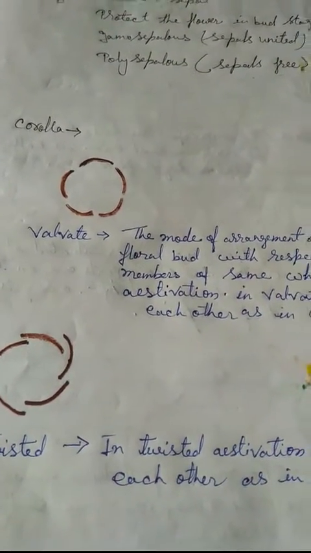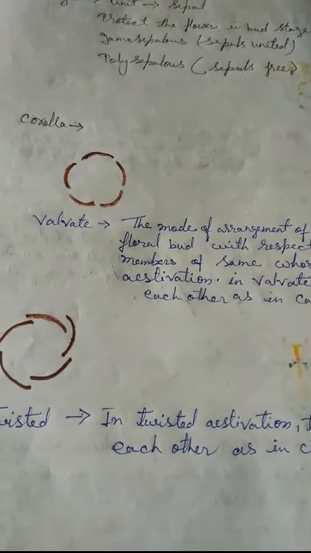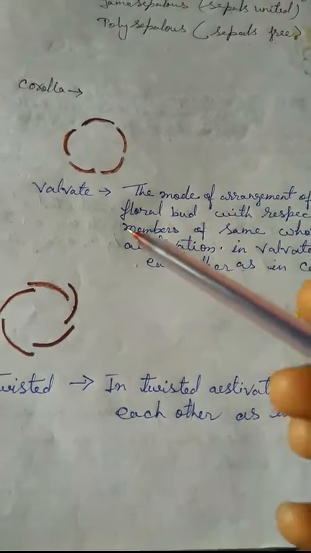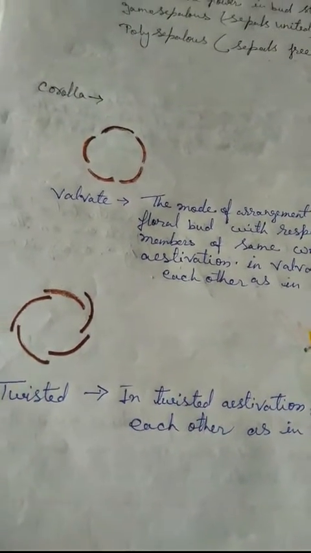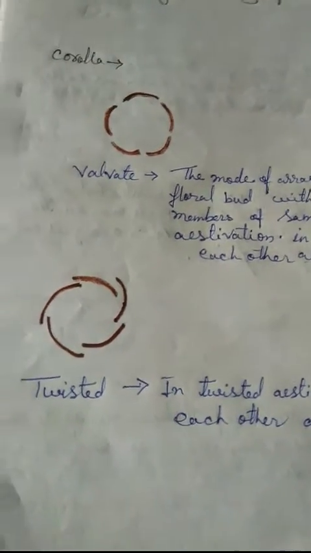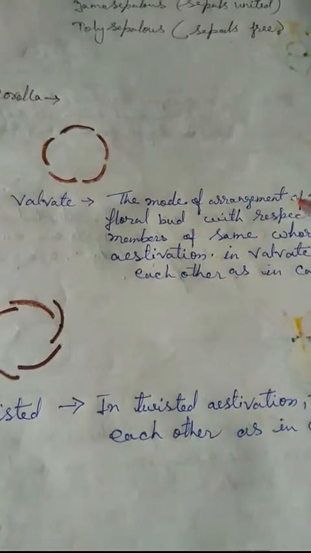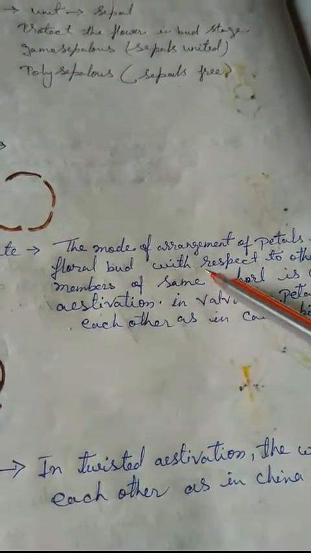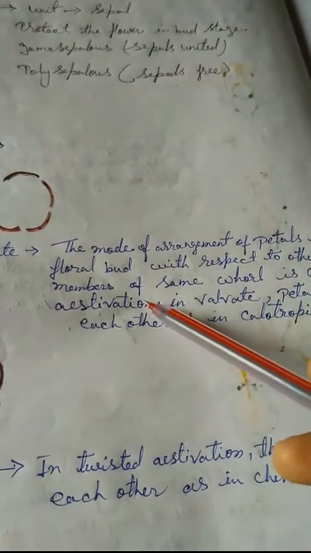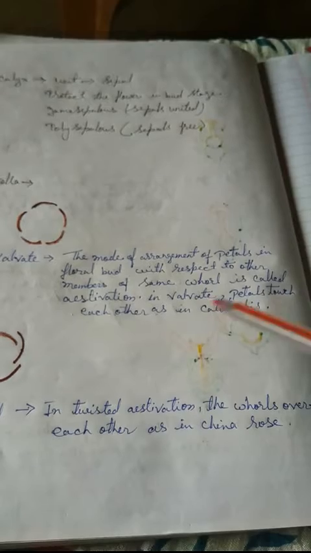Corolla. Corolla is the unit of petals. Corolla unit is petal. Valvate, twisted, imbricate, vexillary are the types of corolla present in flowers. The mode of arrangement of petals in the flower bud with respect to other members of the same whorl is called aestivation.